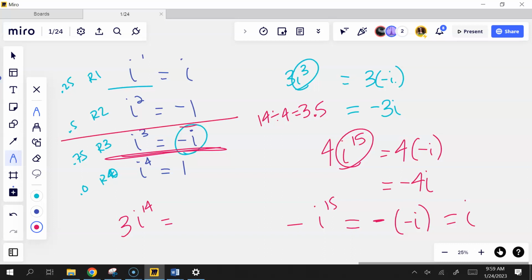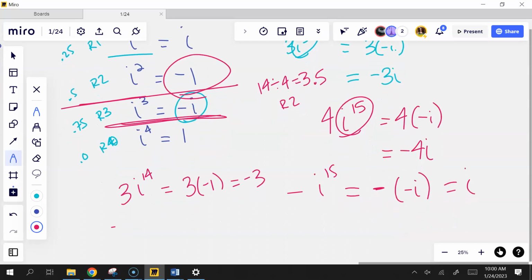Go to the 0.5, it's negative 1, so 3 times negative 1, or you could look at it as remainder 2, same scenario. Does that make sense? That's correct. So it'd be negative 3, negative 1, which is positive.